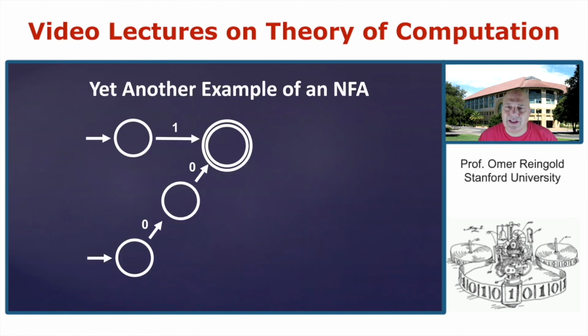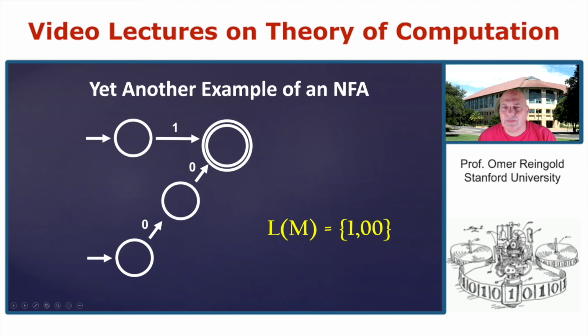So here is another example of an NFA. And what's the language here? The language here contains two strings. The string 1: if you start with this start state and you take a 1, you can accept. And the string 0, 0: you start here and take 0, 0 and accept.